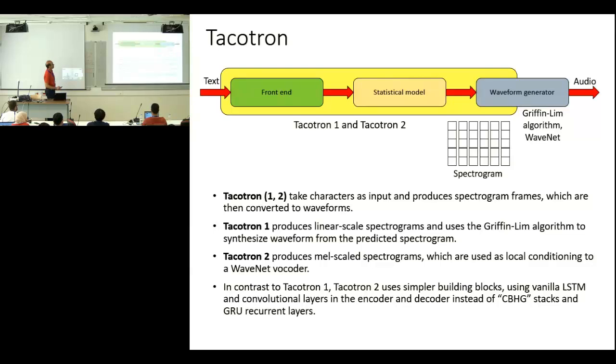Let's see the Tacotron, which was one of the first very big successes in that area. The Tacotron, as I say, is not an end-to-end system, it's an almost end-to-end system. It maps from text to spectrogram or to Mel frequency bands.